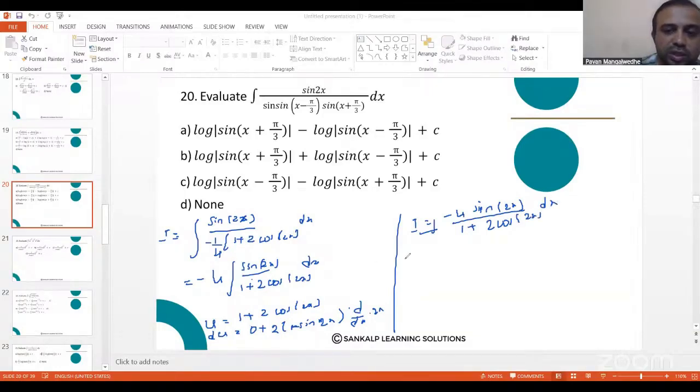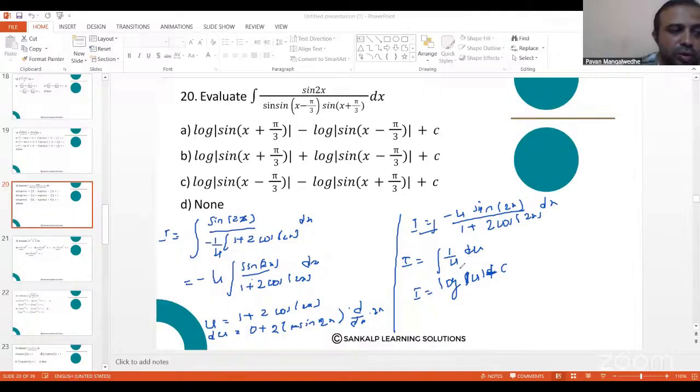So I is equal to 1 by u du, because you know this u condition. So I is equal to the integration of 1 by u, log of mod of u, plus constant c.